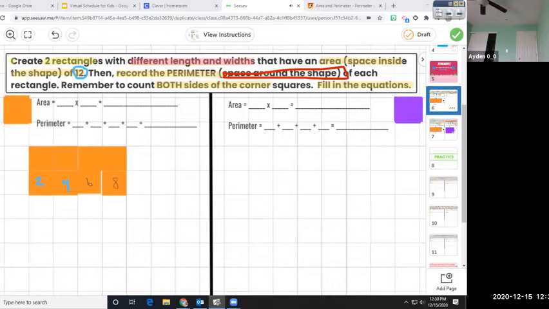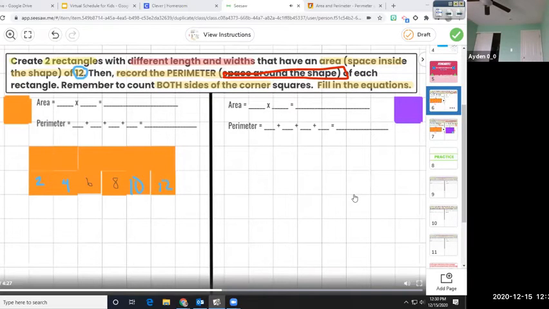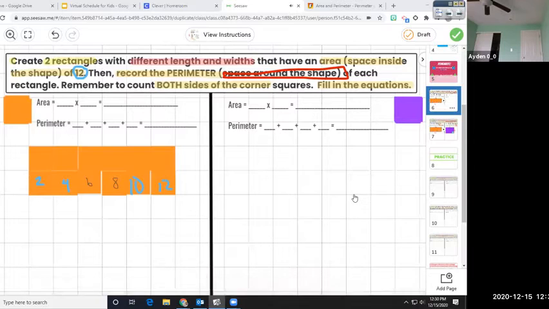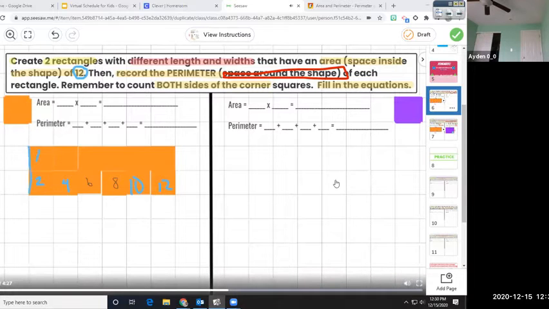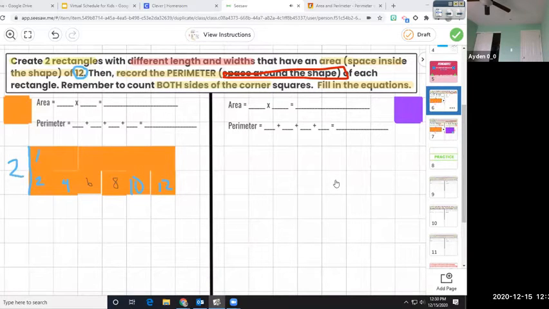If you're able to do it without that, that's totally fine. 9, 10, 11, 12. Beautiful. So just like we predicted, we were able to get to 12 counting by 2s. So we have a width of 2 square units, and we have a length of 1, 2, 3, 4, 5, 6 square units.